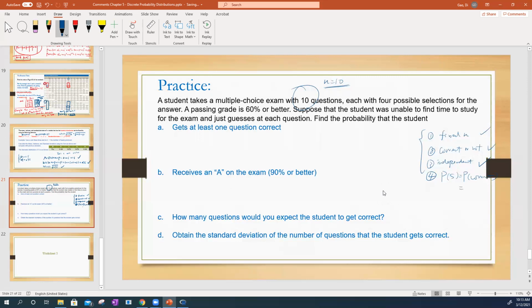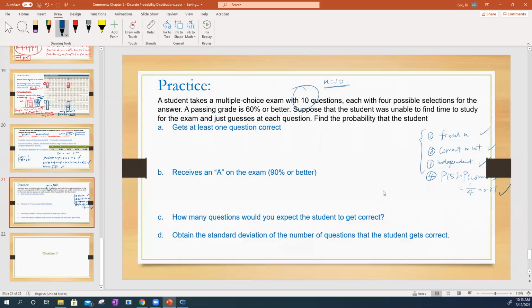So that is what? 1/4, right? You have 4 choices, and then you have to select 1. That is 0.25. And all 4 conditions for a binomial experiment are verified. So this is a binomial distribution.